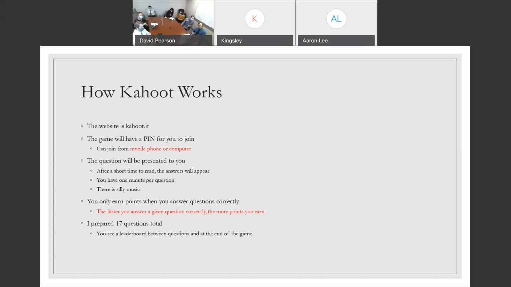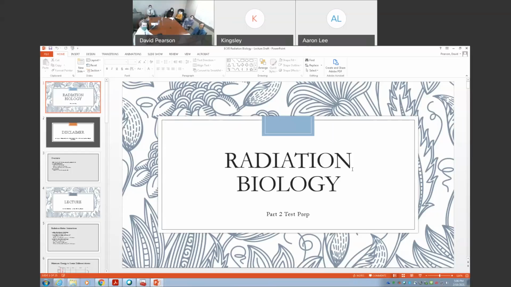You only earn points when you answer a question correctly, but you earn more points if you're faster. So there's a dueling incentive to be fast, but also still be correct. There will be 17 total questions. It'll also show a leaderboard between questions and at the very end of the game. So if you want to come up with a silly name, you're welcome to, as long as it's work appropriate. But anyway.